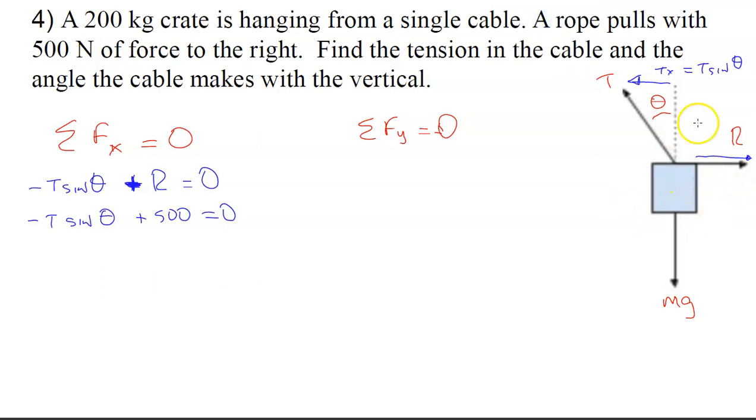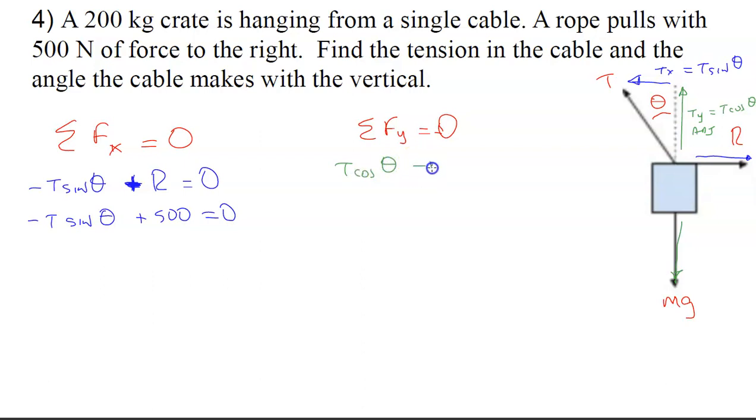In green, I'm going to have anything that's lifting up or down, y direction forces. Well, t is certainly pulling up. So t sub y is going to be t times the cosine of theta because it is adjacent to the angle. R does not have a y component, but this does. mg, it's all in the y direction. So in the upward direction, I'd have t sub y. And let me just go ahead and write t cosine theta right there.